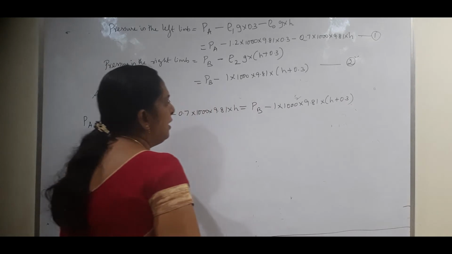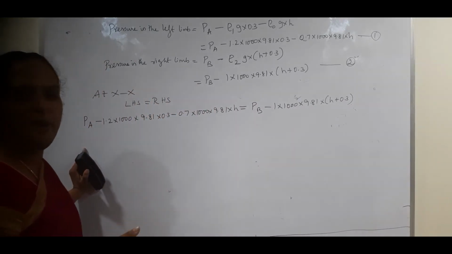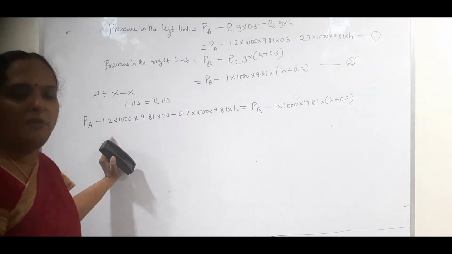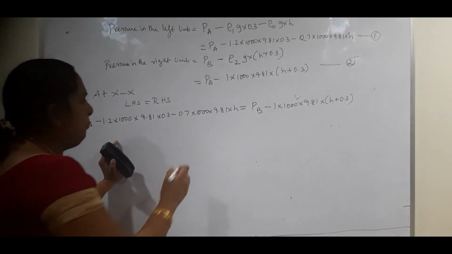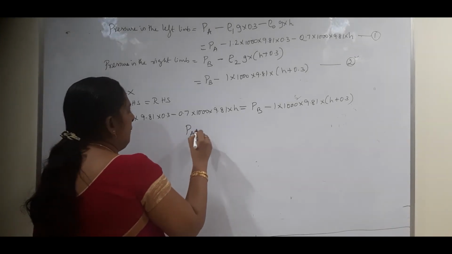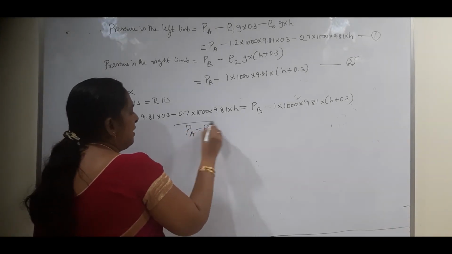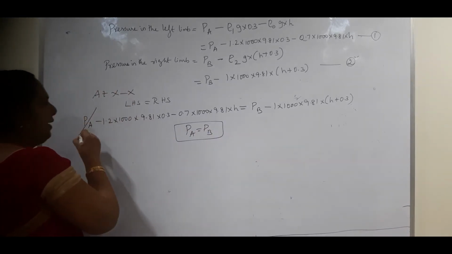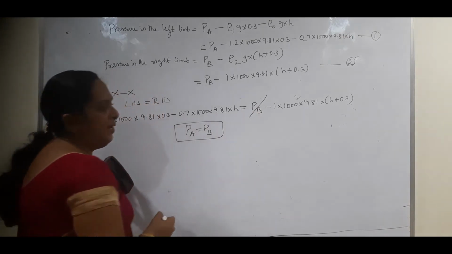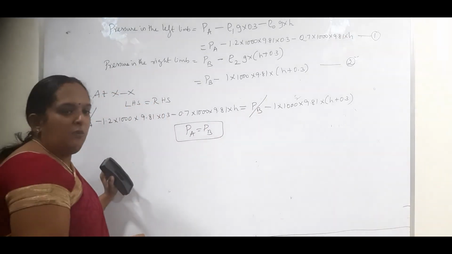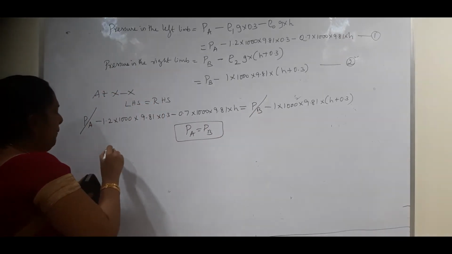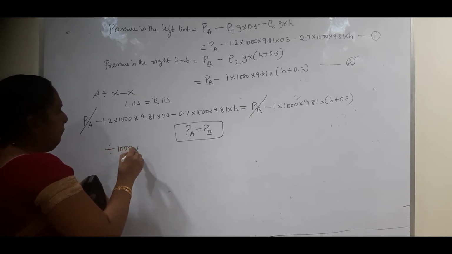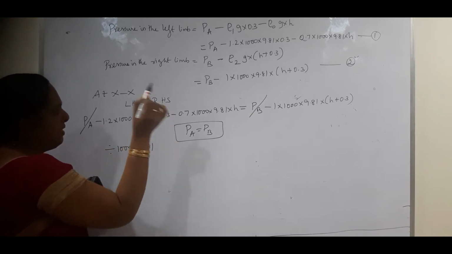Am I right? So here you bring everything towards one side, or we can say PA will be equal to PB, that is already given in your problem. What is given? The pressure at both the pipes are equal. So we are neglecting these two terms. It's very easy now. So now divide by 1000 into 9.81 on both the sides, because it's available everywhere.